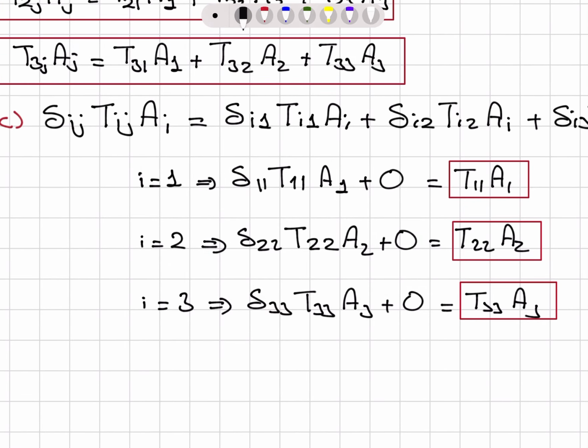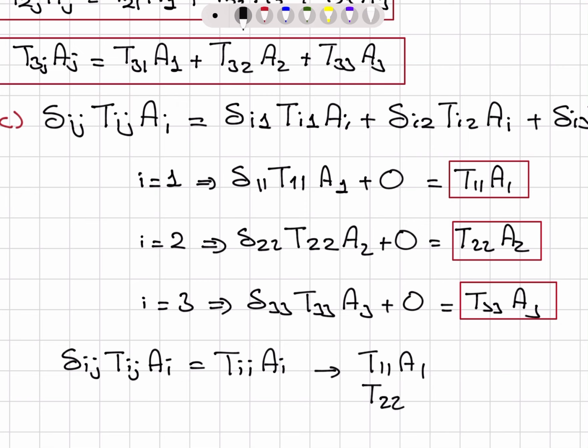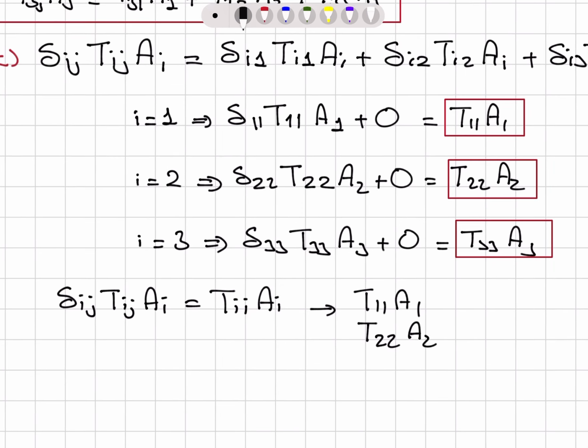Okay, so we could also see this explicitly by saying i must be equal to j. That's what Kronecker delta is saying. Kronecker delta ij Tij Ai implies this is Tii Ai, which means for i equals 1, this is T11 A1. For i equals 2, it's T22 A2. And for i equals 3, this is T33 A3. Okay.